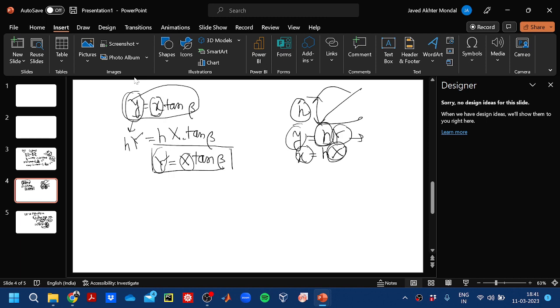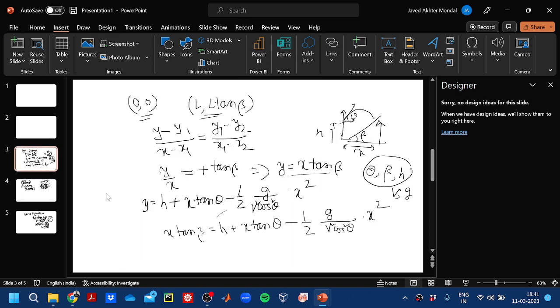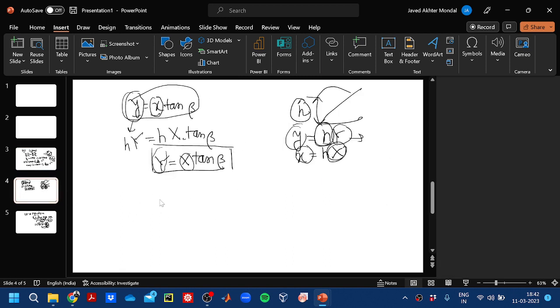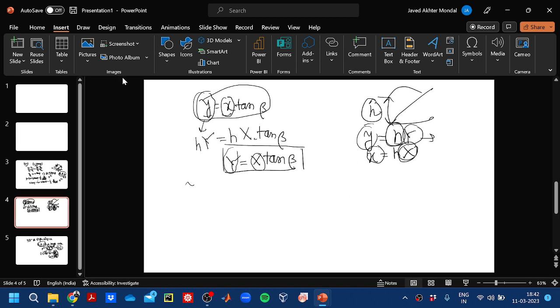And similarly, the second equation that we have is this: y equal to h plus x tan theta minus half g by v square cosine square theta into x square.